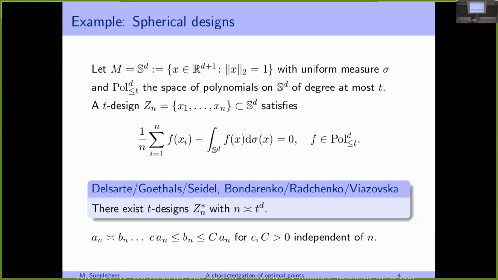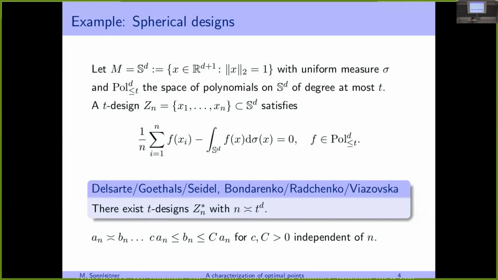And this shows that we can expect such designs for number of points n of order t to the d. Here I mean with this equivalence that we find constants, small c and large c, such that we can bound these sequences. And I'm always going to be talking about this kind of asymptotic equivalence, so I will not be interested in exact constants, but rather in rates of decay.